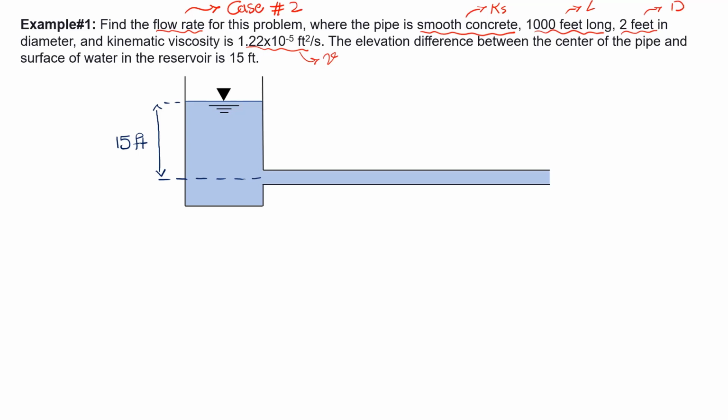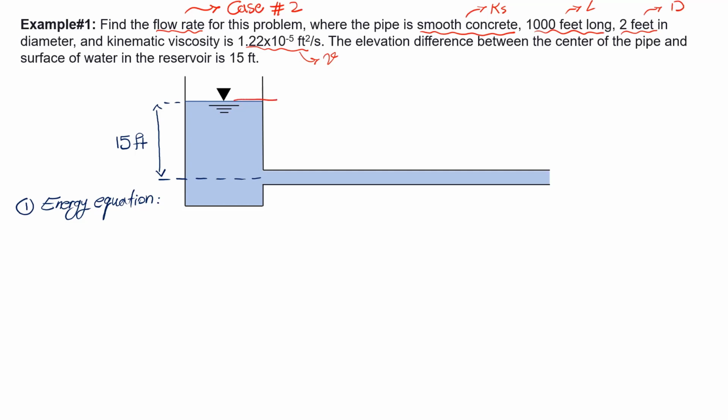Step 1 was to write energy equation. And energy equation should be familiar for you, and I'm going to rewrite it again starting from pressure. But before that, I'm going to select my two sections.